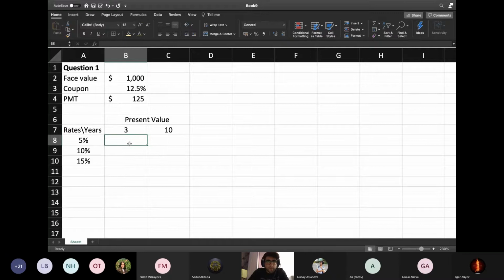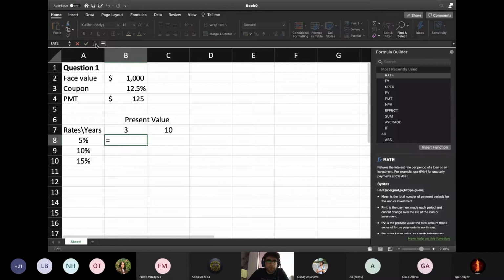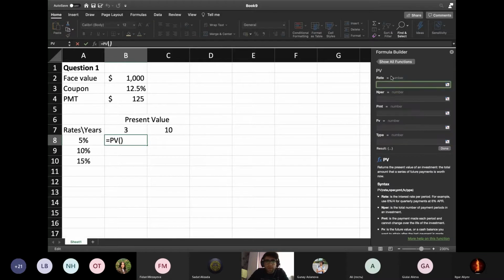So, in order to find present value, we come to the cell and click on the function wizard. Find present value here. We have rate 5%, number of periods 3 years, coupon payment this one, and face value that amount.